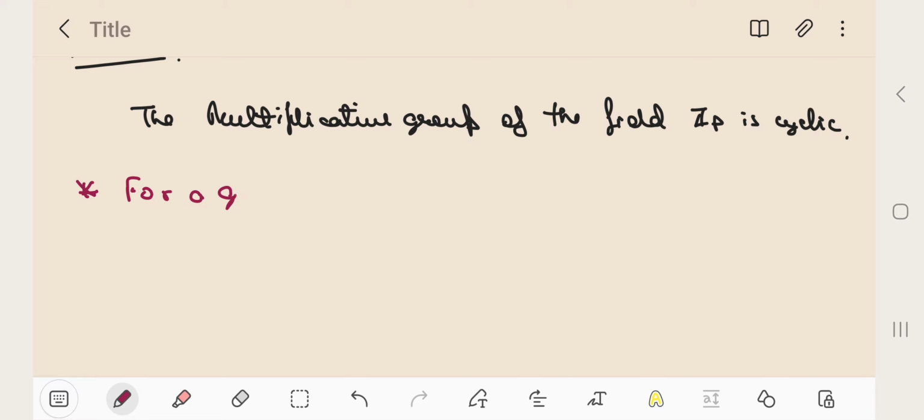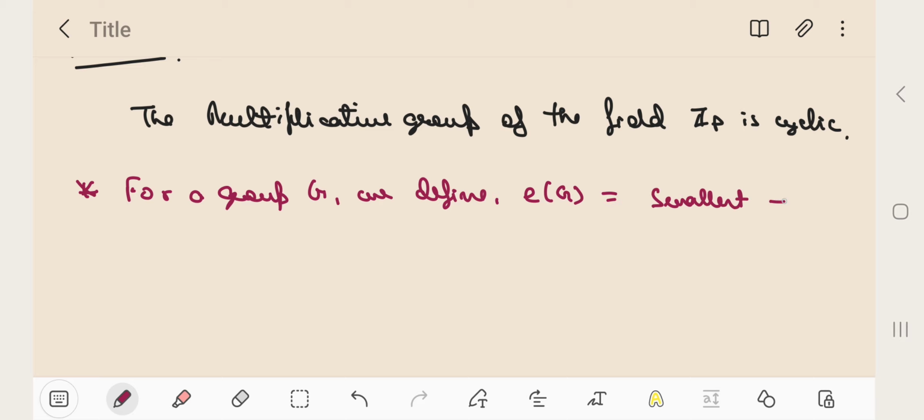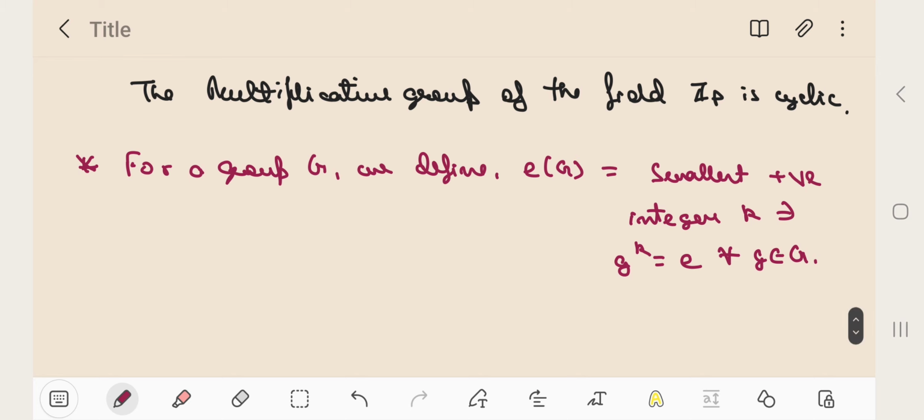For a group G, we define E(G) to be the smallest positive integer k such that g to the power k equals the identity for all g in G. Obviously I'm talking about a multiplicative group G. We know that for any finite group, every element taken to the power of the order of the group equals the identity.